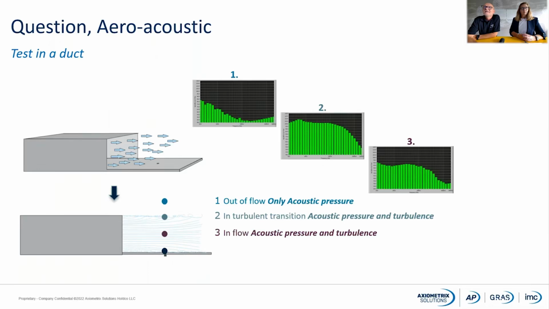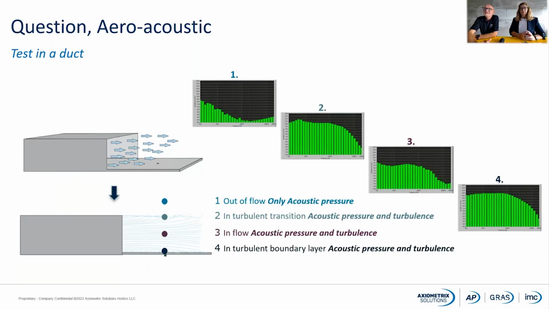If we measure in the bottom on the black dot here, then again we will measure a relatively high sound pressure level, and again it's turbulence. It is in the boundary layer. So we have an acoustical pressure and the turbulence.